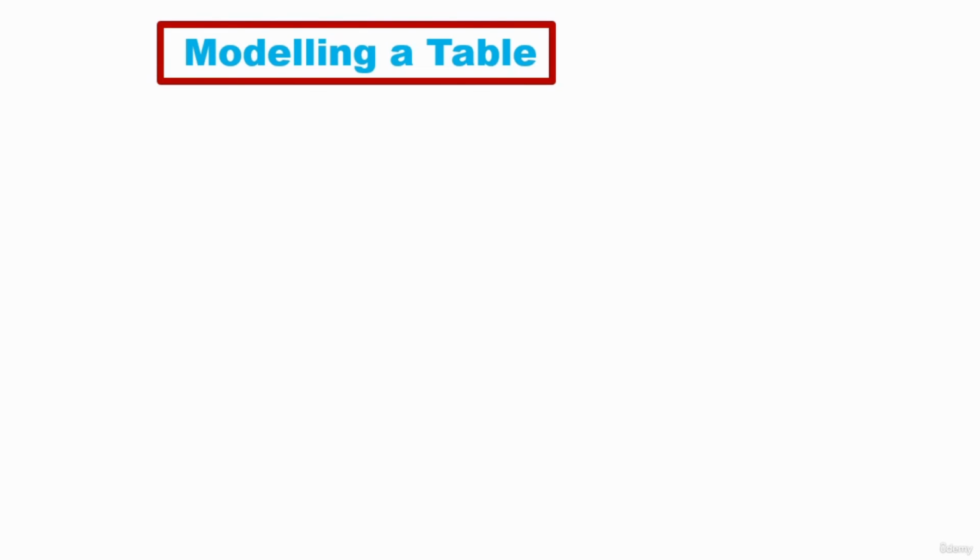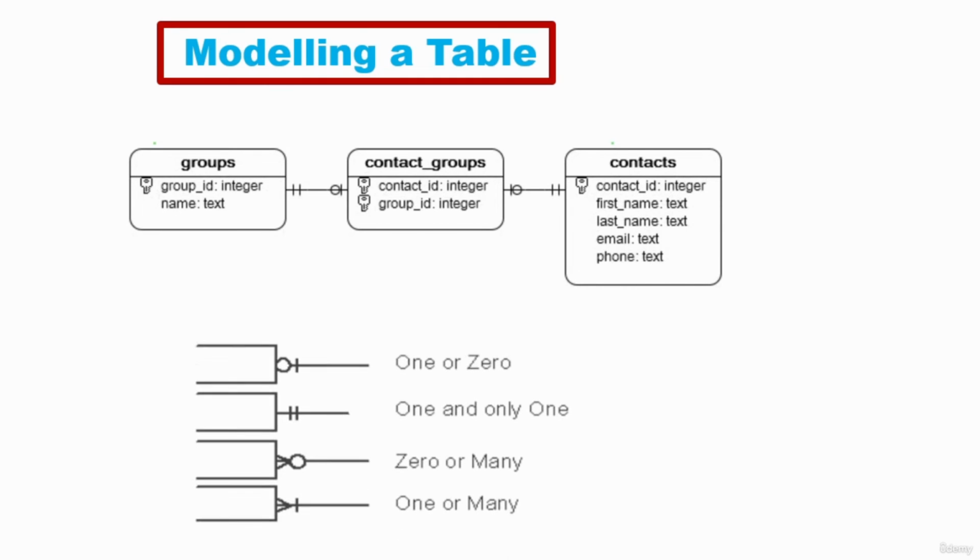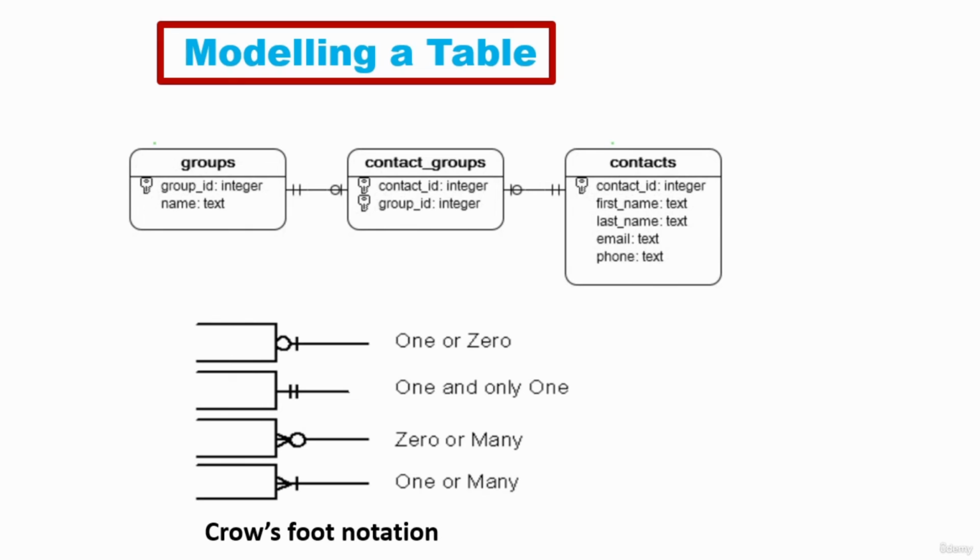Before you create a database table, it's always good to model the table to see what your table will look like. So in this illustration here, this is the table that I'm planning to create. Also when you create tables, it's good to have tables that have relationships with each other, and you can specify the relationship between tables using the crow's foot notation.